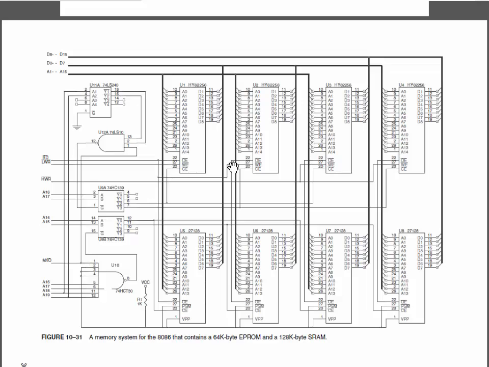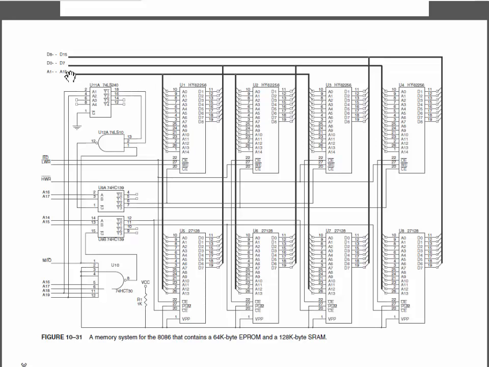So as we look at this, across here on the left, this is our data bus, and our data bus is relatively simple.